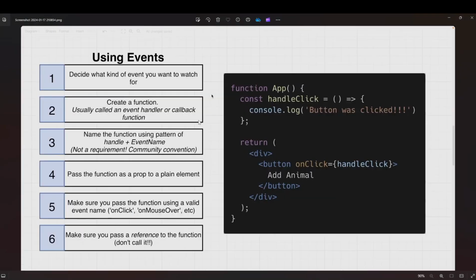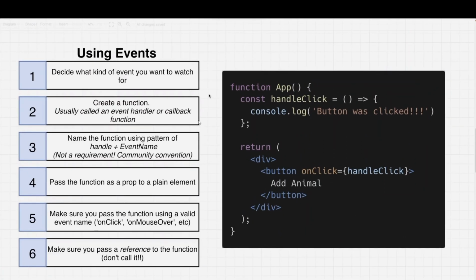Let me show you some notes we have to keep in mind while using events. First of all, we have to decide what kind of event listener we want to use. For example, in this case, we want to use the onClick event listener because we want to know how many times the user clicks on the add animal button.